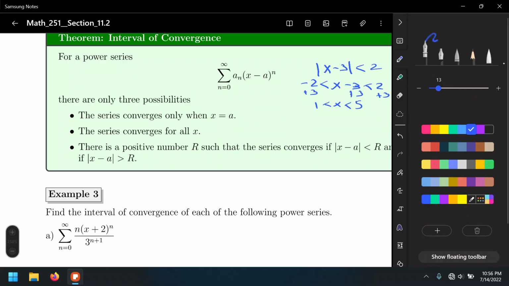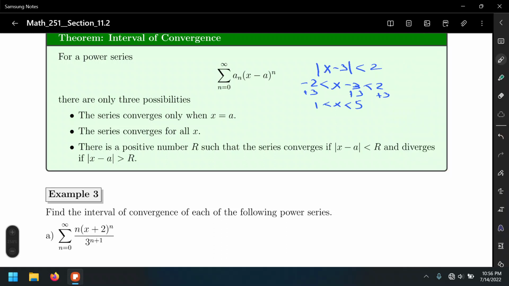And if we plot this on a number line, this is my 0, 1, 2, 3, 4, 5, 6. So all the values that are between 1 and 5 are 2 units away from 3, or less rather.